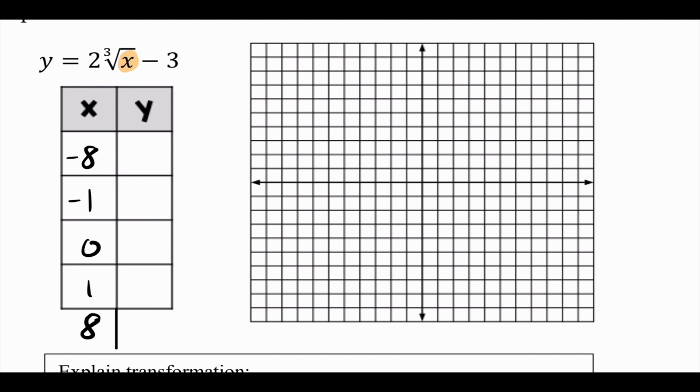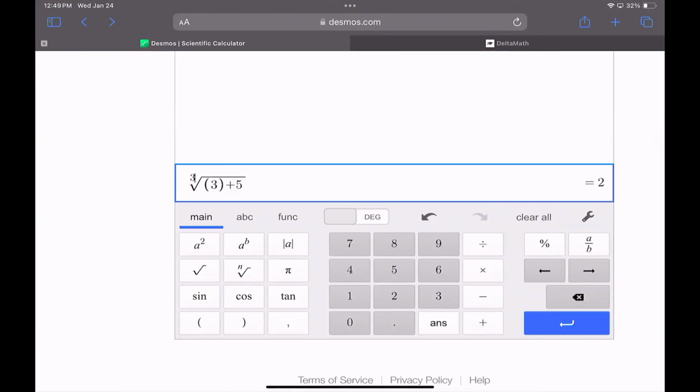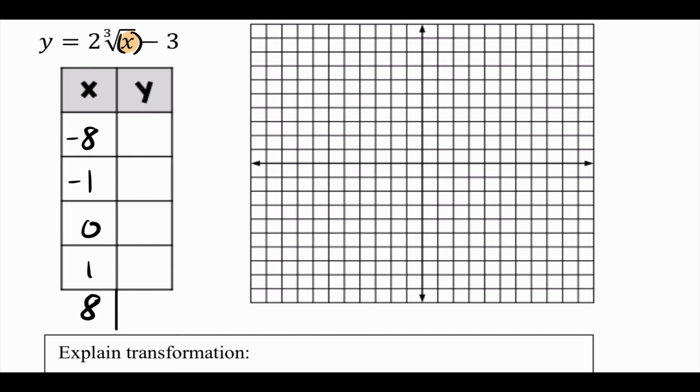Okay. So I'm going to go to my calculator and plug in those numbers. So 2 is in front now. The only, let's see, -3 was on the outside.